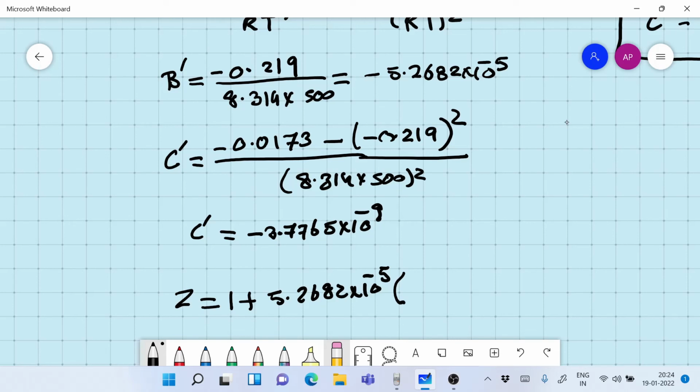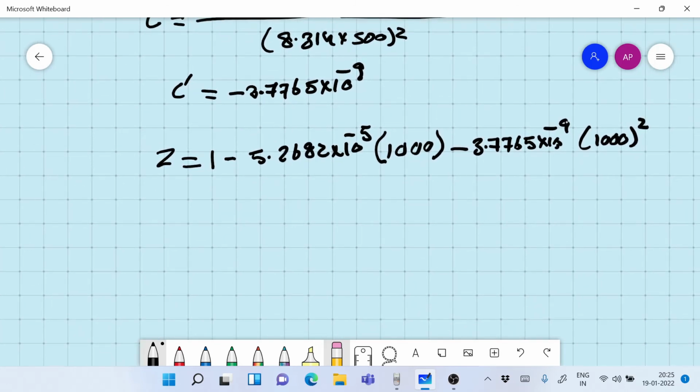So we take the value of pressure not in bars, but in kilopascal, that's going to be P. We have a minus sign here because B is minus, and the value of C dash is also minus, that's 3.7765 into 10 raised to minus 9 into 1000 the whole square.